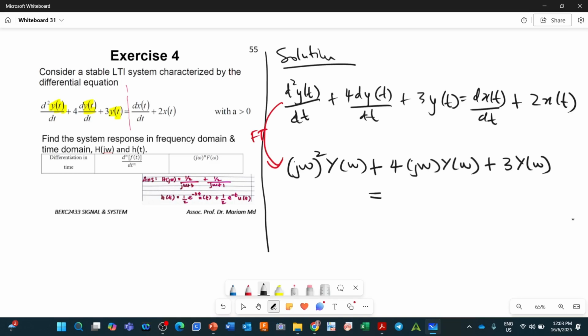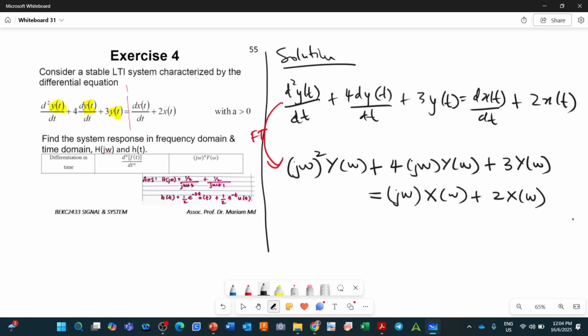So like I said, x(t), y(t), f(t), m(t) is just an equation. When you look at the table, it says f(t) converts to F omega. In terms of this dx(t) over dt, you will get j omega X omega plus 2X omega.